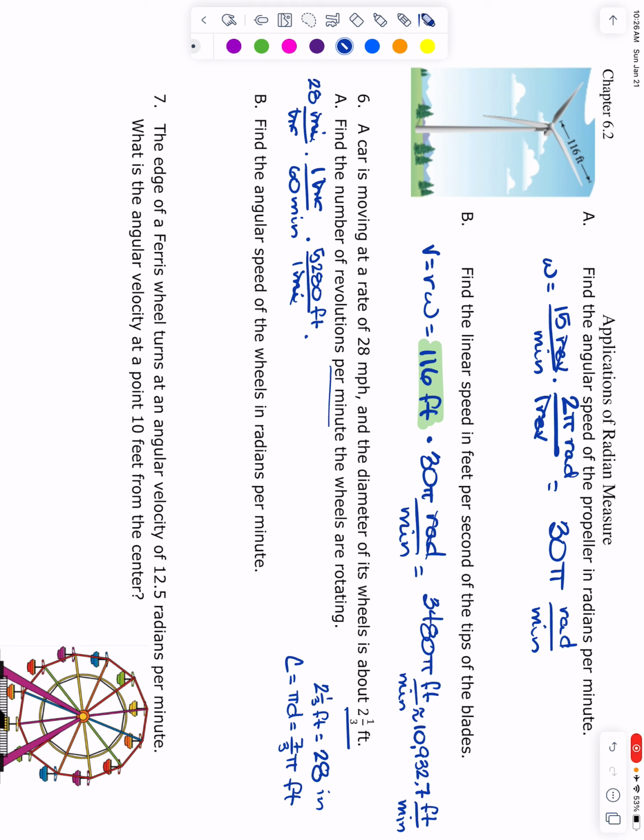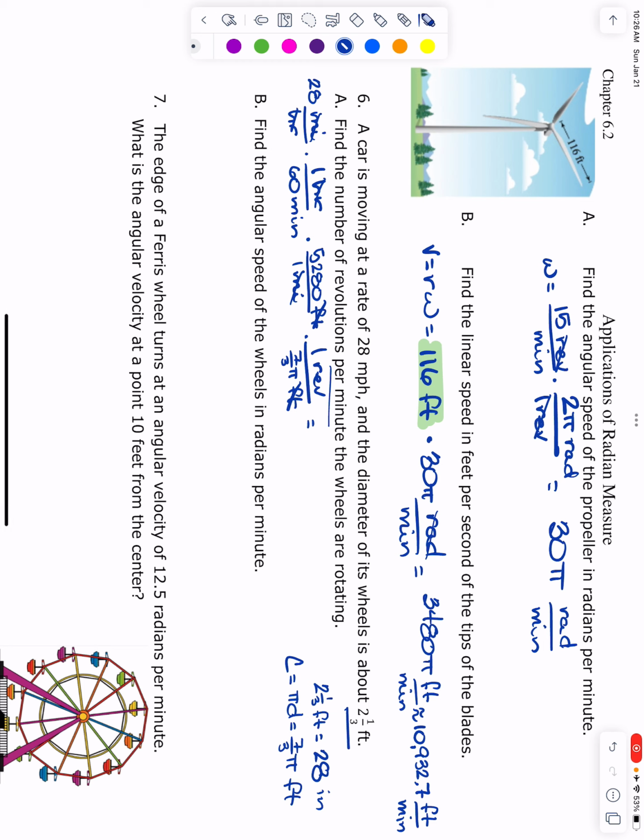Because I'm now realizing that changing it to inches, 7/3 pi feet. Our feet cancel. We have revolutions in the numerator. We have minutes in the denominator. So now we just have to crank through the numbers. Okay.